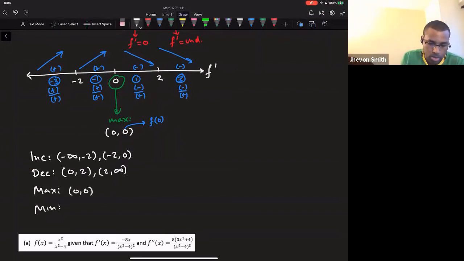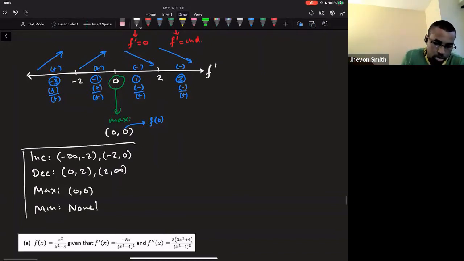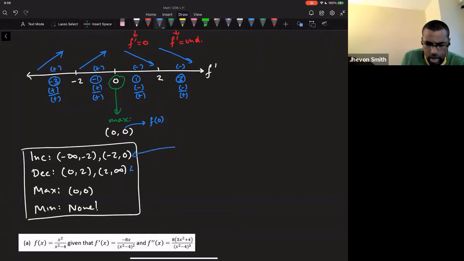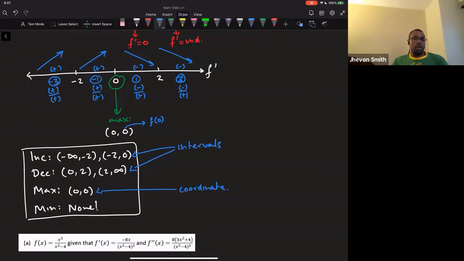Maximum occurs at 0, 0. Minimum, there are none. And so this is the answer for this part. I want you to notice that these guys are intervals. Well, this guy is a coordinate.